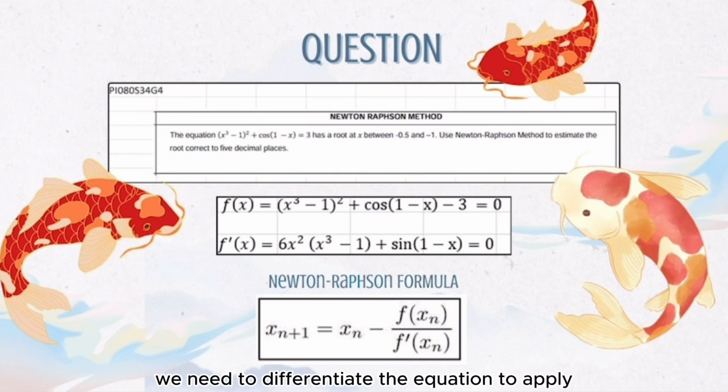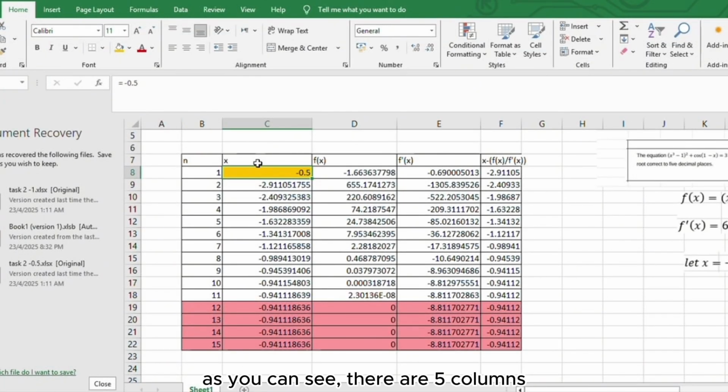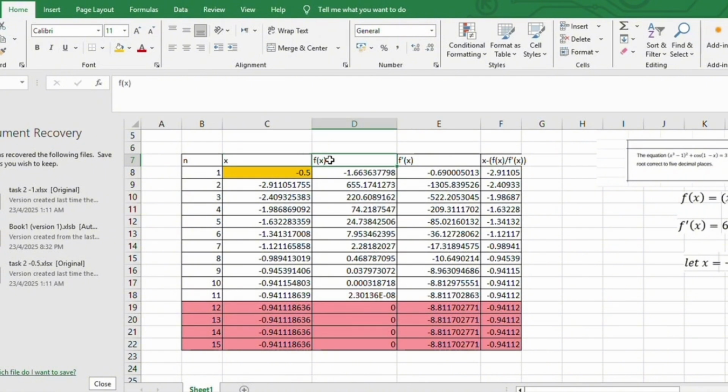First of all, we need to differentiate the equation to apply in the Newton-Raphson formula. As you can see, there are 5 columns: n, the iteration number; x, the current approximation; the function value; the derivative value; and the Newton-Raphson formula.